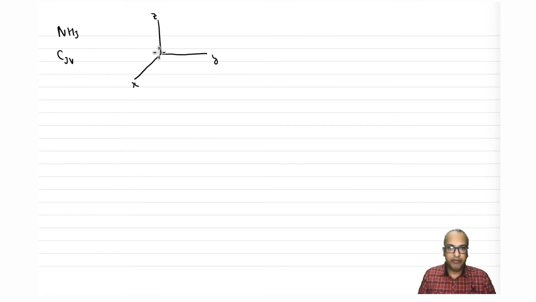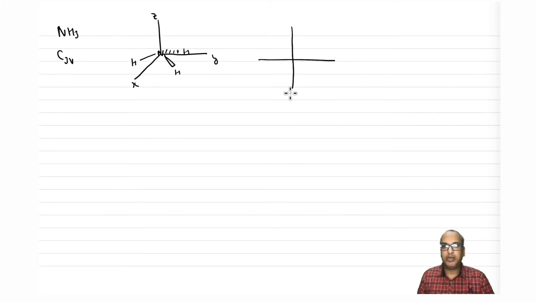Let's say we have nitrogen at the axis, and this is along the YZ plane, H, H. If I'm looking from the top, because I'm not really interested in Z, it is not going to change. So let's just look at it in 2D format. It will be easier to understand.